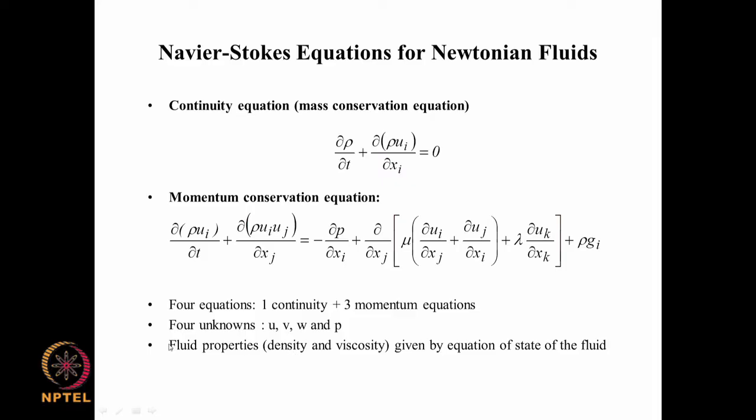So, if the fluid properties are given through an equation of state, then we have 4 equations and 4 unknowns. This constitutes the set of Navier-Stokes equations and the formulation of the fluid flow problem. These 4 equations are the ones we need to solve in order to describe any fluid flow situation. We also need to have a proper flow domain and boundary conditions.